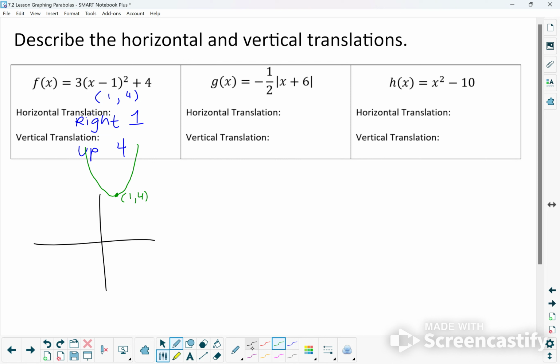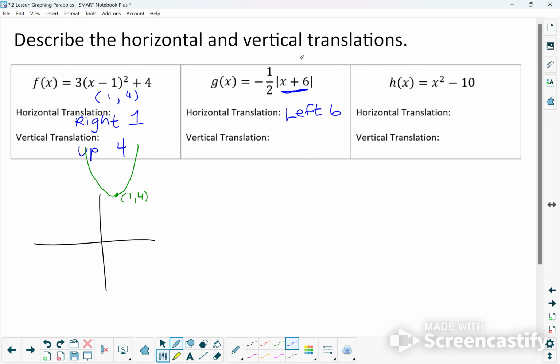Okay, so the next question, g of x is equal to -1/2 times the absolute value of x plus 6. Again, this one would be a V shape, but if we're asked about the translations, we don't have to really worry about the shape. We have an x plus 6 right here, so this one would be shifted to the left by 6 units.